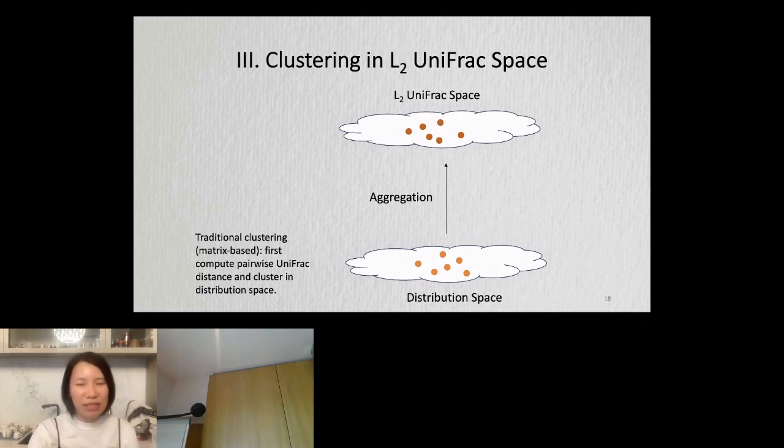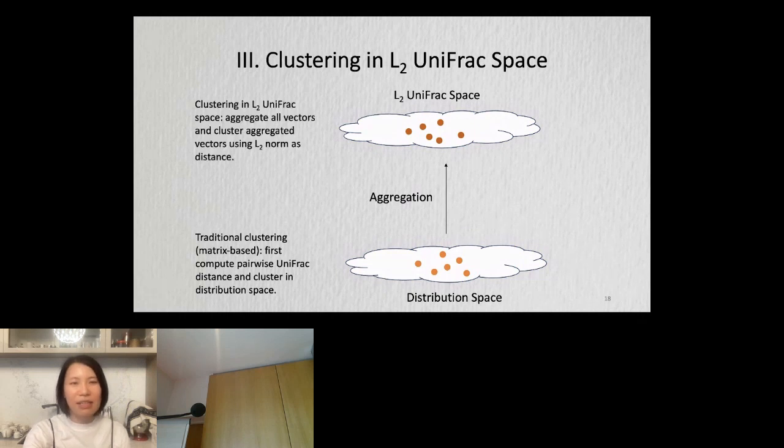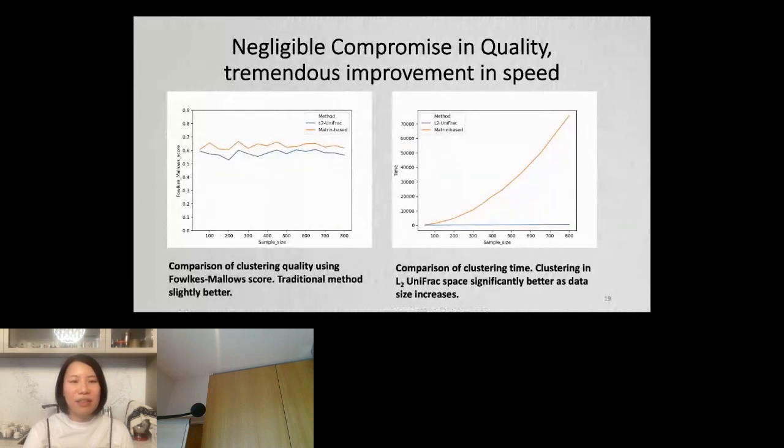We propose an alternative way of clustering the samples by first aggregating all of the samples to the L2 unifrac space and clustering them using the L2 norm as a distance metric. And what will happen? We see that there's indeed a slight decrease of clustering quality, but in exchange, there is a huge improvement in efficiency.